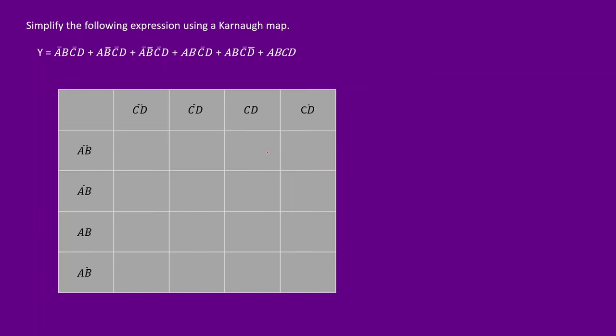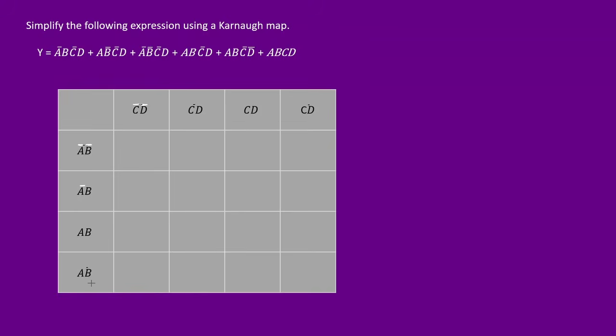Simplify the following using a Karnaugh map. Y is equal to not A, B, not C, D, or A, not B, not C, D, or not A, not B, not C, D, or A, B, C, not D, or A, B, not C, D, or A, B, not C, not D, or A, B, C, D. Pardon me. Okay. So, what's the first thing we're able to identify? Thankfully, I can say that this is a standard SOP.